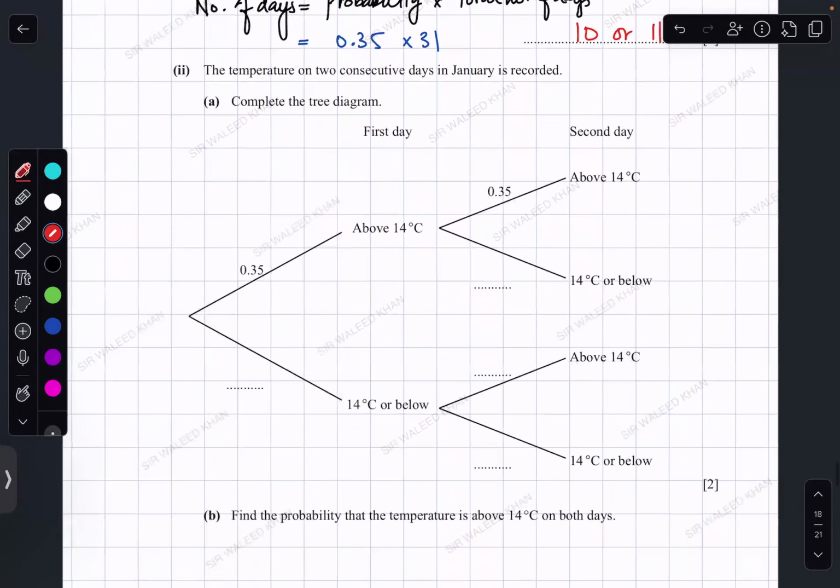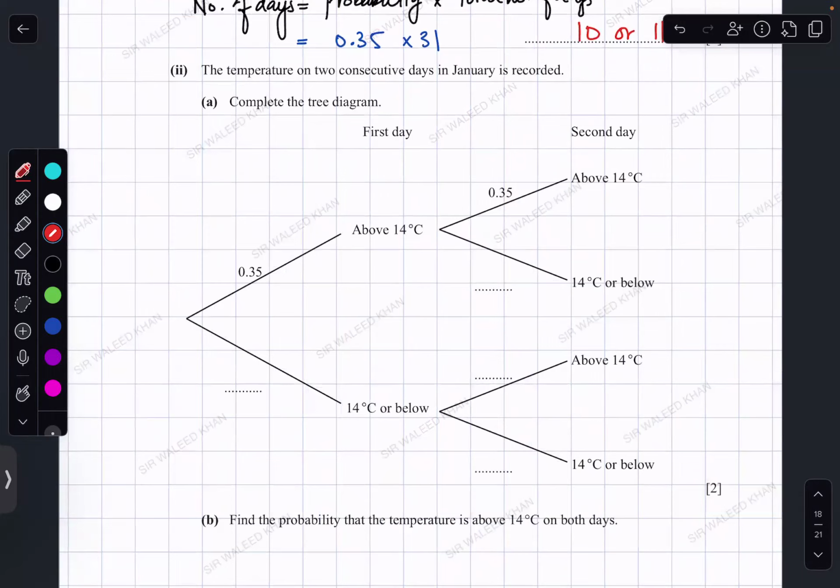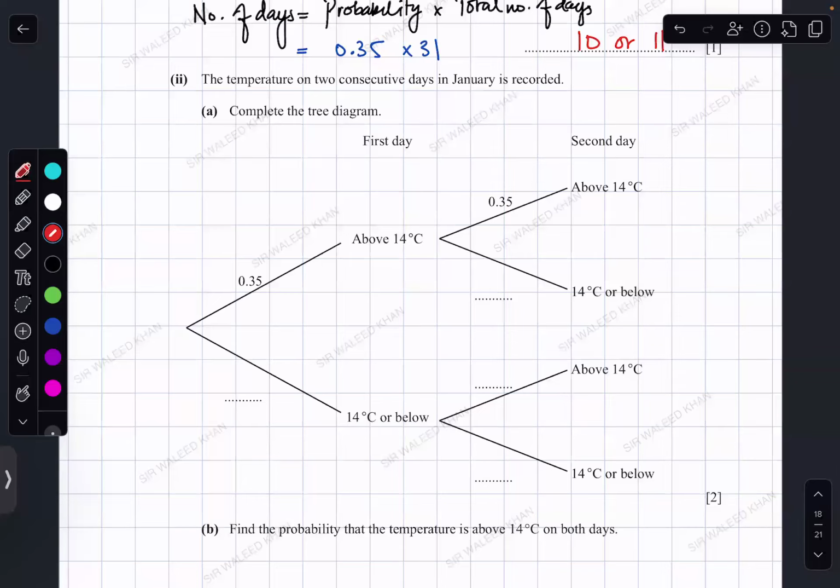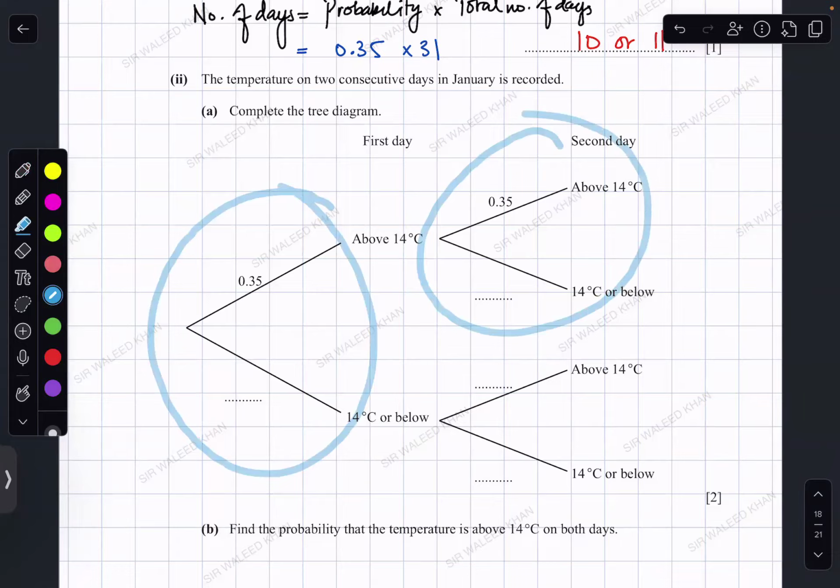The temperature on 2 consecutive days in January is recorded. Complete the diagram, the tree diagram. So we have discussed before that this kind of branch will always total to 1. All these will total to 1. Okay.